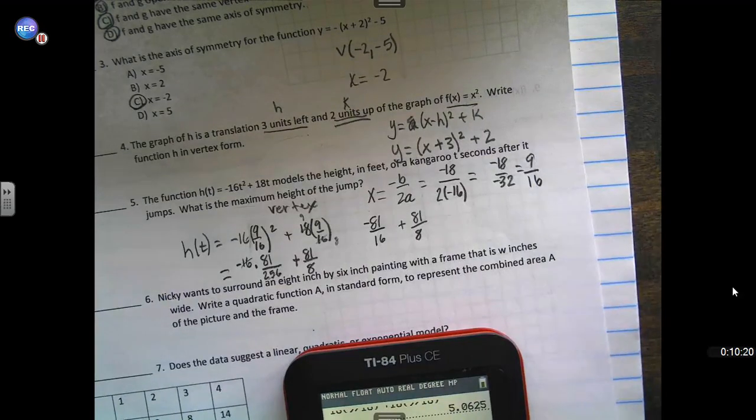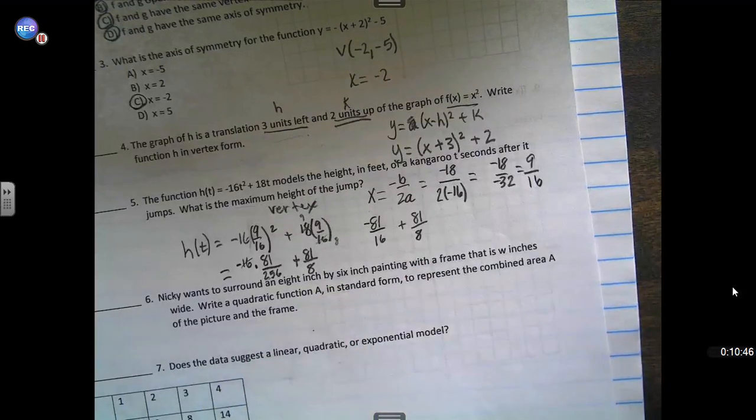See what I get when I go to the graph and trace the value, and I want to put in 9/16. 5.0625, which is 81/16. So I'm getting 81/16.